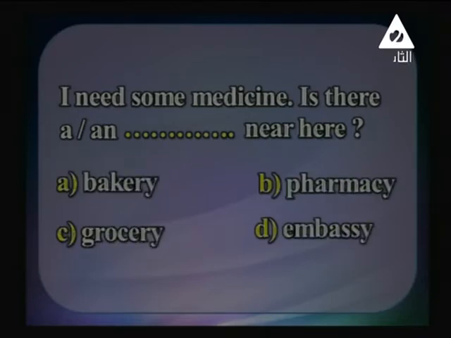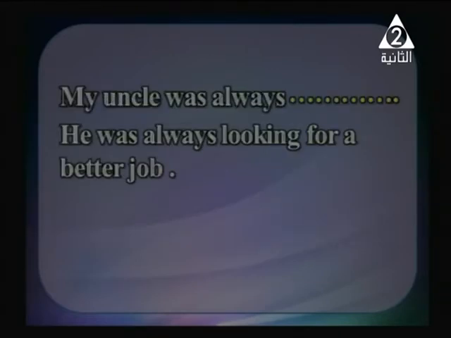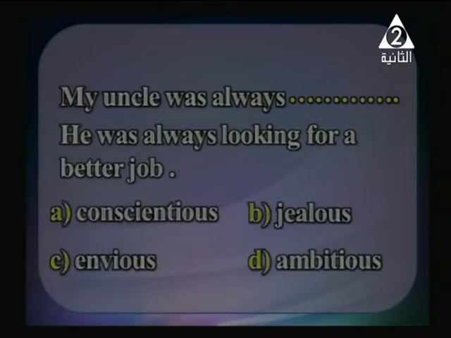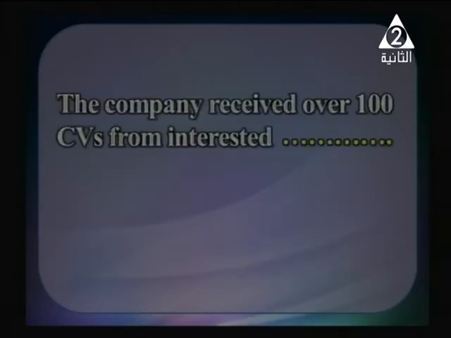I need some medicine. Is there a or an near here? Bakery, pharmacy, grocery, or embassy. Of course, medicine means I need a pharmacy. My uncle was always space, he was always looking for a better job. Conscientious, jealous, envious, or ambitious. Of course, he was always ambitious, looking for a better job.